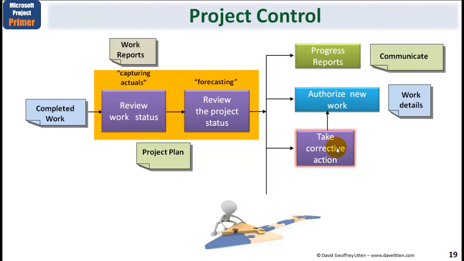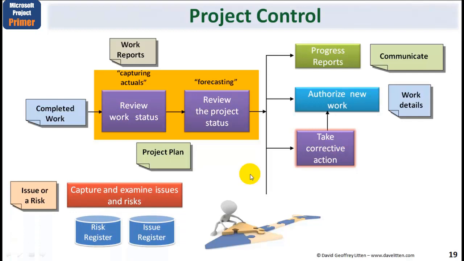You may be taking corrective action as a result of a request to change in some way. Perhaps functionality now needs to be different. And to do that, we'd also need to consider something I've touched on already, which is issues and risks. These are normally held in things called risk or issue registers or logs. They might be a simple document set, or it might be a spreadsheet or a database.